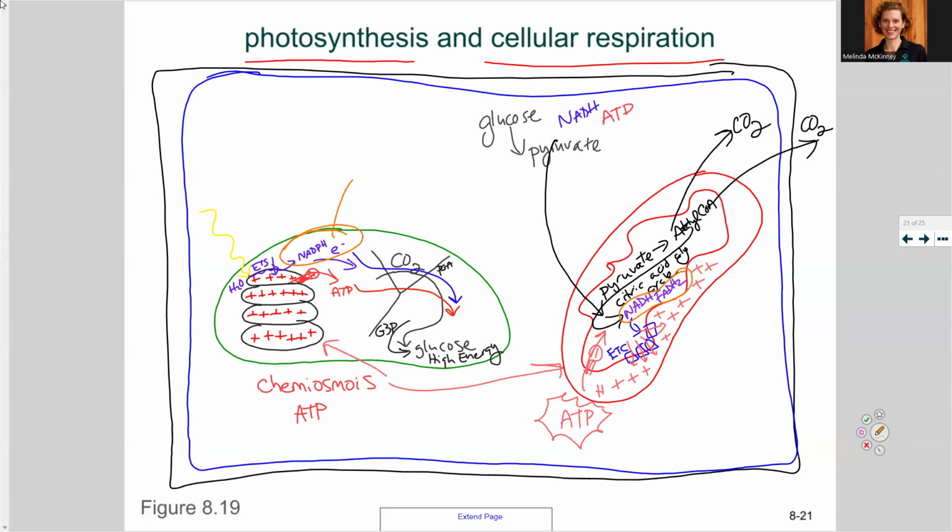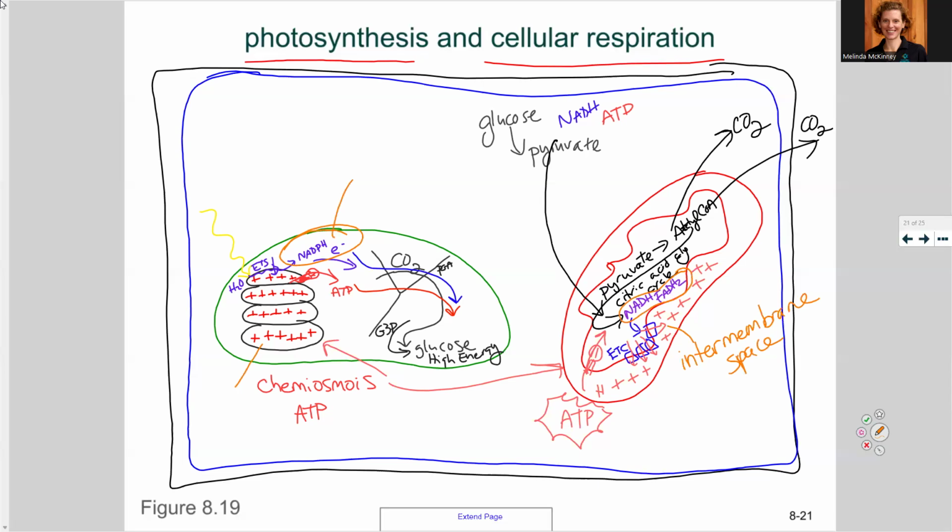We generate a hydrogen ion gradient in both of those. The location is the thylakoid membrane in photosynthesis, and it's the intermembrane space in mitochondria. Okay. So both of those are going to be used to create ATP.